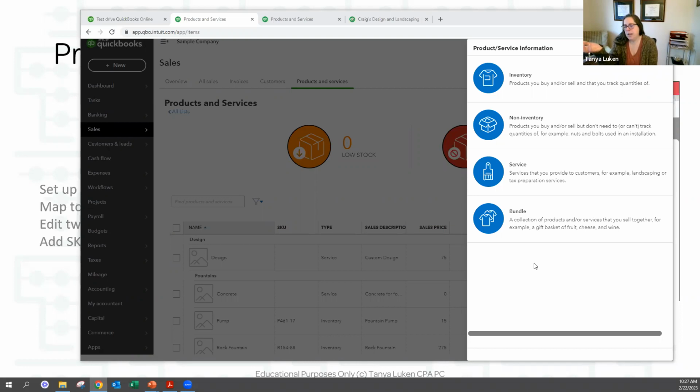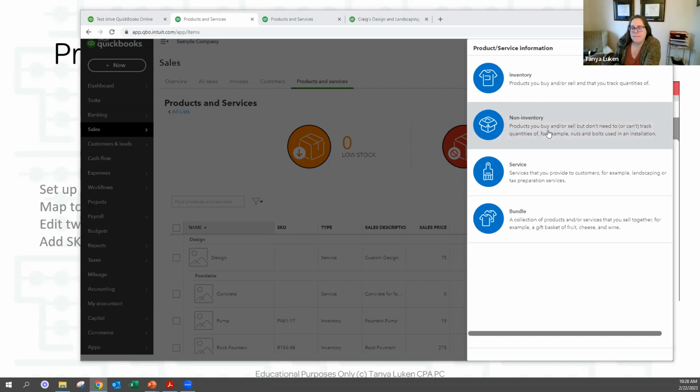Like if you're a car dealership, for example, that would be inventory. Because a lot of times inventory is a thing in QuickBooks. So you should be very specific and very intentional about setting up inventory. And if you're not willing to do a lot of work around it, then I would make everything non-inventory parts at this moment, okay, until you get better at accounting.